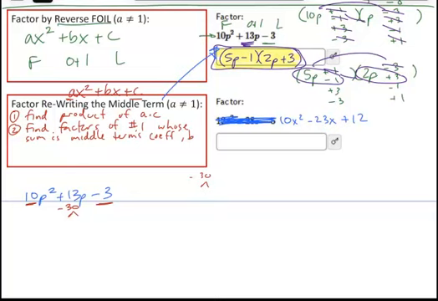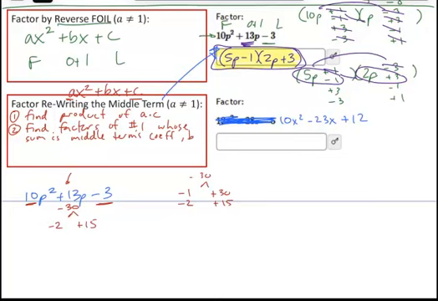So I know that I have a positive 13 for my middle term. Okay, and so when I take the sum of these, I need a positive number for this. So my larger number is going to be the positive. So I have, again, my tests are negative 1 and positive 30, negative 2, positive 15. And once I get to this point, I see that has a total sum of positive 13.